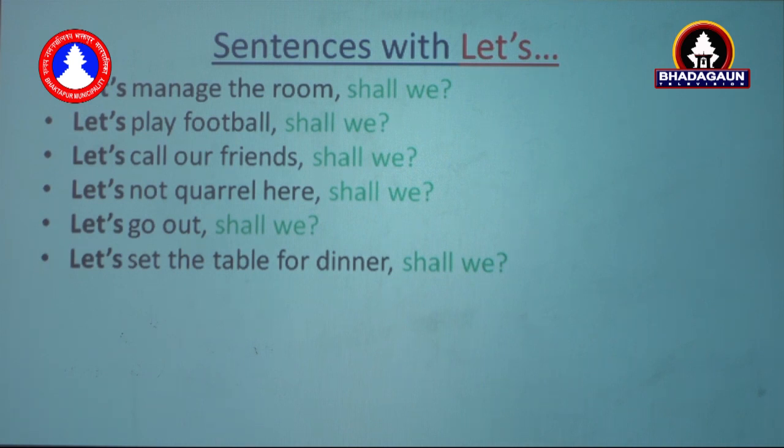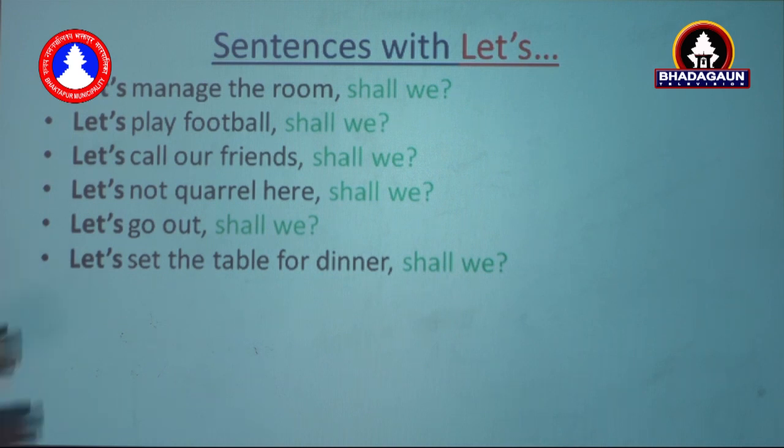Suggestions. So if the statement starts with let's, always use only one tag, that is "shall we". We don't care about whether the statement is positive or negative, it does not matter. If the statement starts with let's, whether that is positive or negative, it does not matter, just use the tag "shall we".